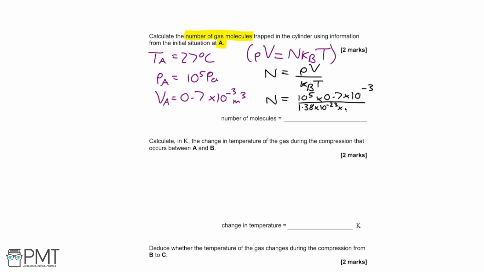Now, the temperature is given as 27 degrees Celsius. However, whenever we do these thermodynamic calculations, we need to convert the temperature into Kelvin first.